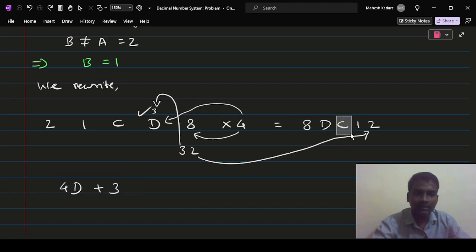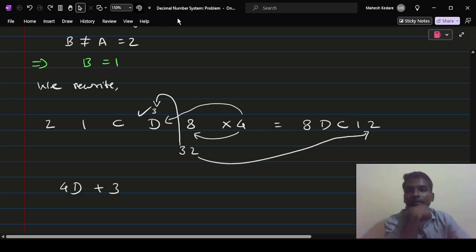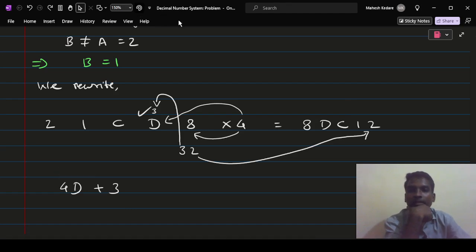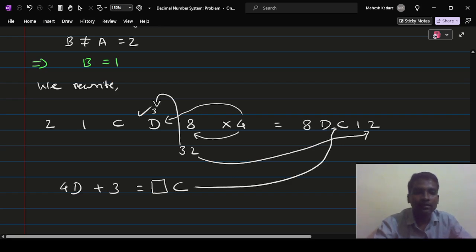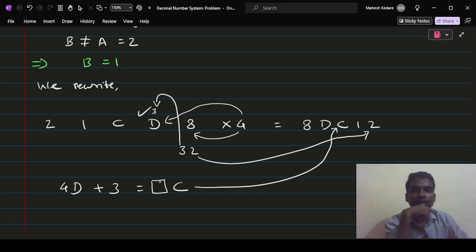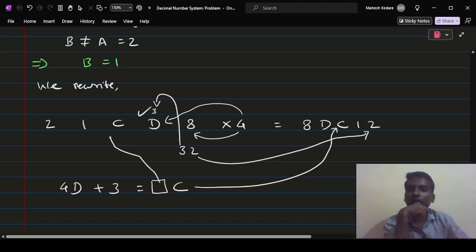So here we note that whatever number results from this operation, it must leave number C in the unit place, because that is what we see here in the place next to the 10 place, and some digit in the 10 place, which will further go as carry to the next number.